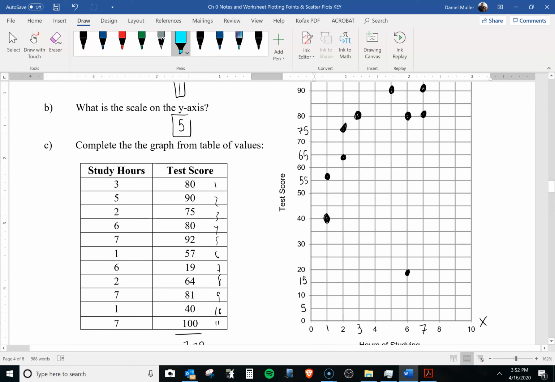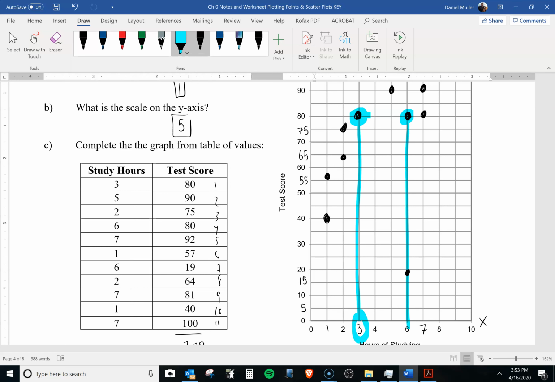So those aren't the same mark. I guess we can look here too. 80 and 80. So yeah, it looks like this one here and this one here are 80. This one was the 81%. Okay, so it looks like 80 and 80. So one person studied for 3 hours. The other person studied for 6.